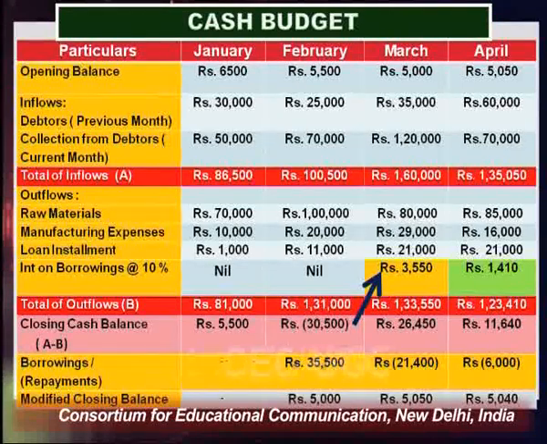The banker will club your amount of interest into the principal amount of the loan. So to avoid that, what we have done is show under the cash outflow the interest on borrowings at the rate of 10%. For the first 2 months it is nil because there was no borrowing. In the month of March we are going to pay, because the loan was taken in the month of February for 35,500 and we have paid interest on that.